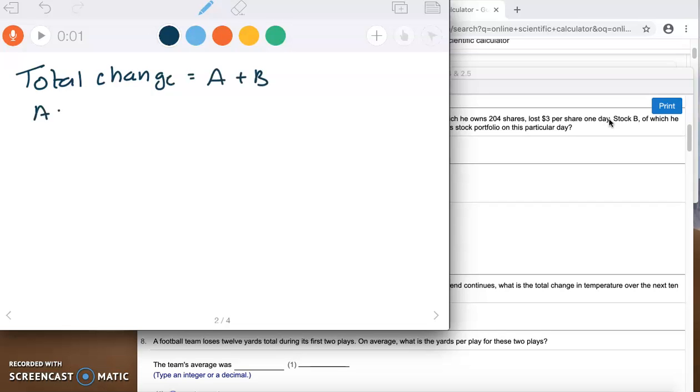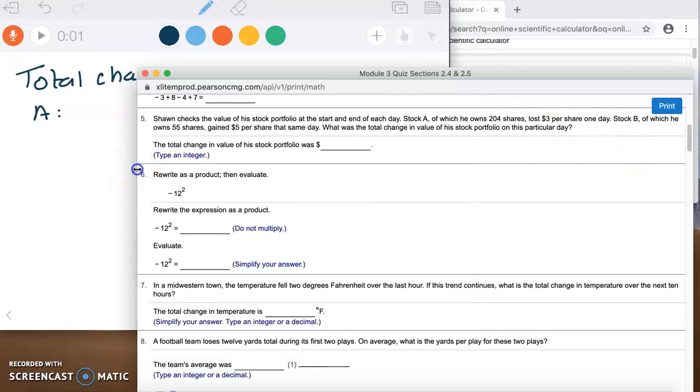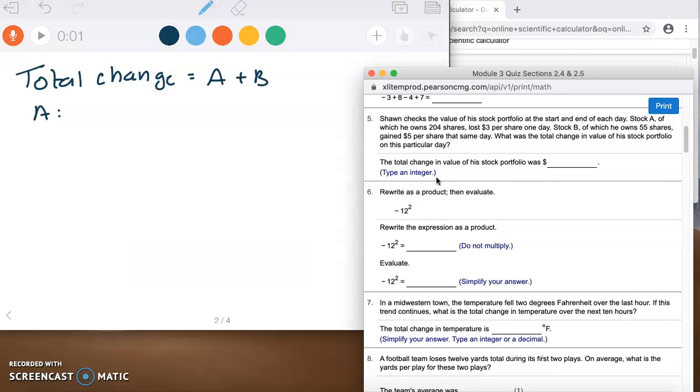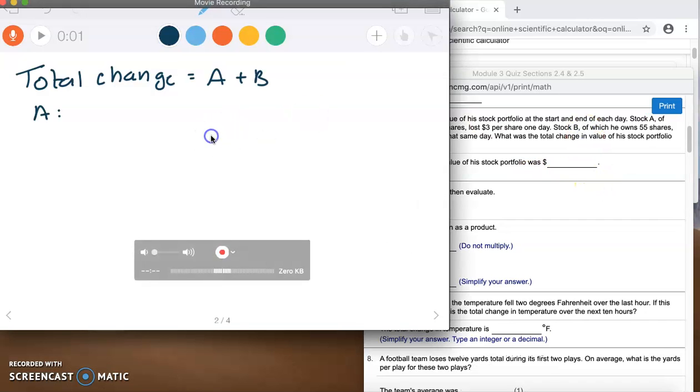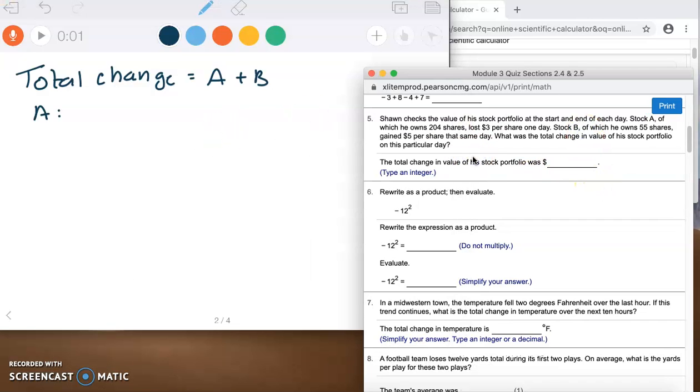So let's just take a look at A. For A, we have 204 shares, and each of those 204 shares lost $3.